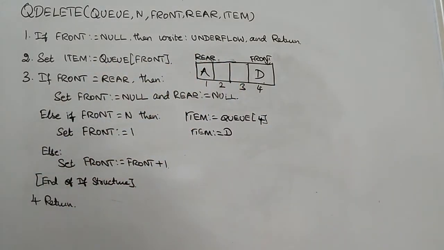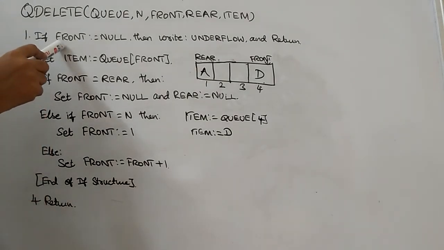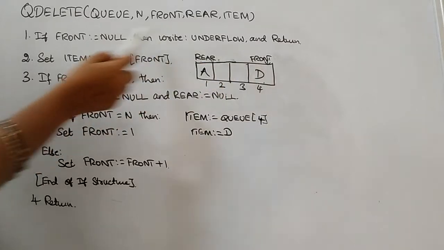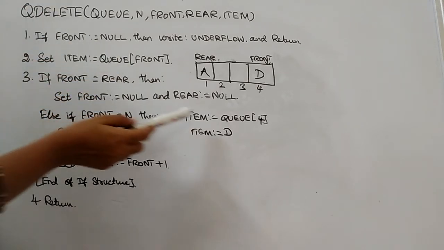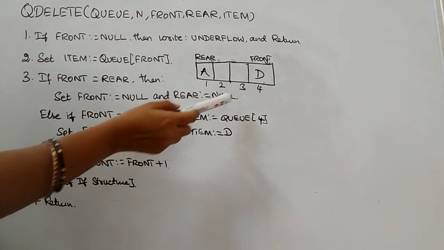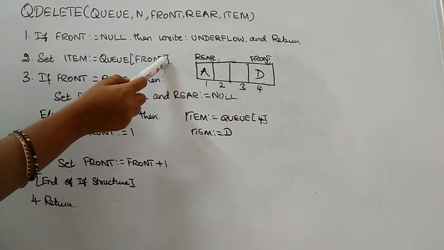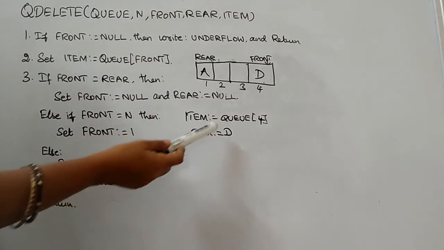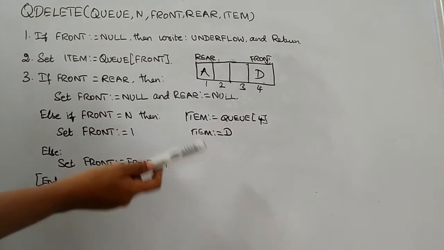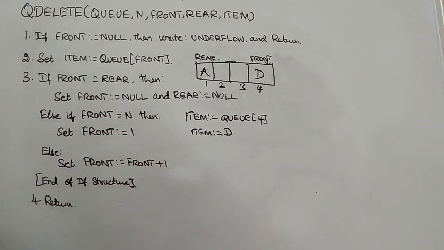Now consider the situation. First we are checking the front. Front is not equal to null, so program control comes to step 2, and we retrieve the information. Q[front], meaning Q[4], gets stored in item. It means D will get stored in the variable item.